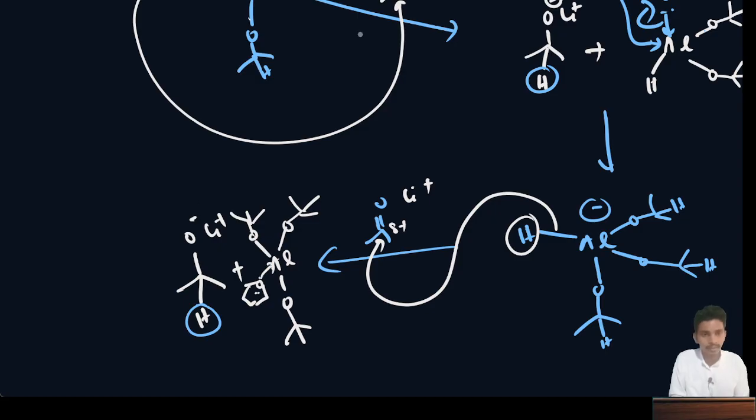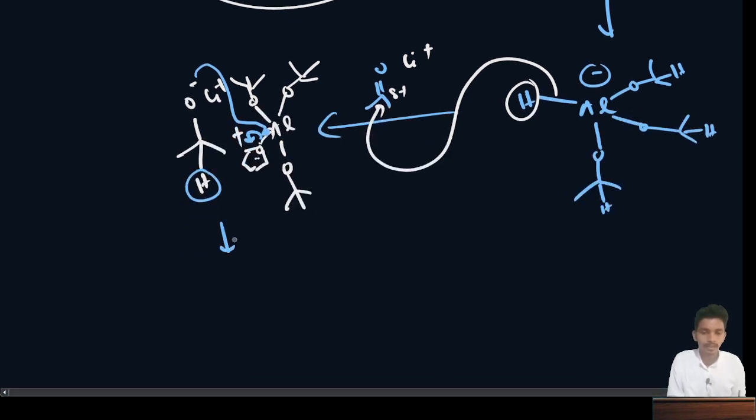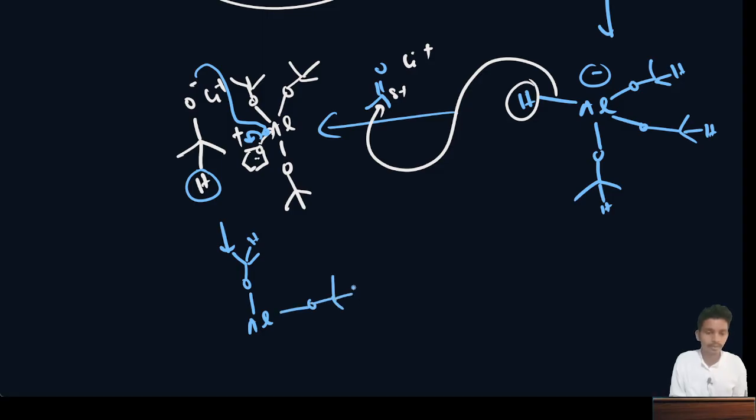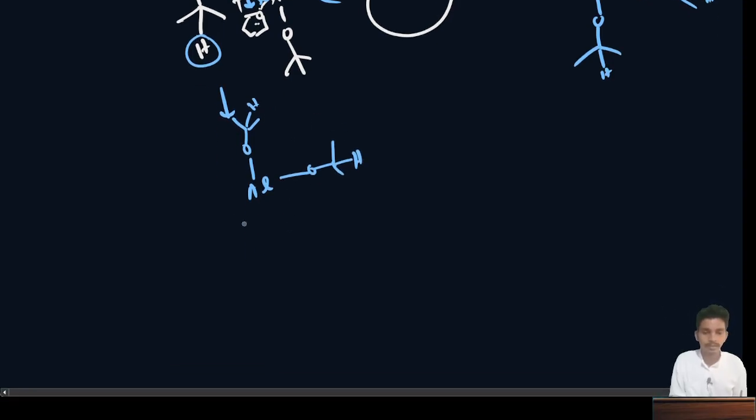Now this is a negative charge, and again it will attack this, and it is removed. So now what will it become: aluminium here with one hydrogen, oxygen, and hydrogens.